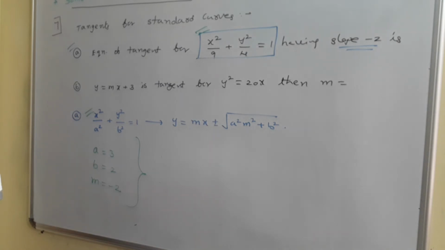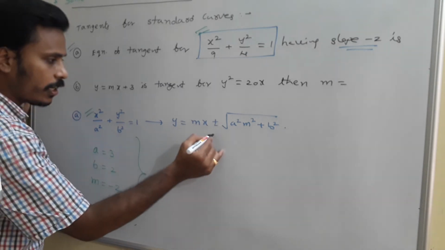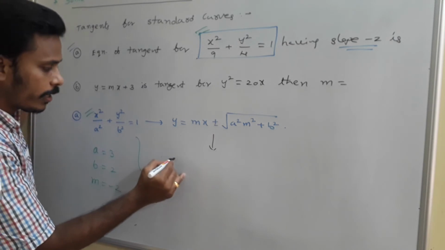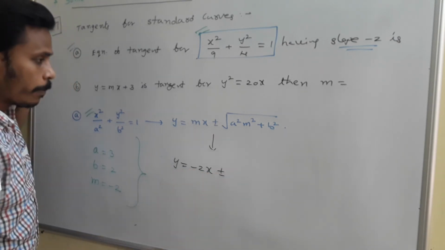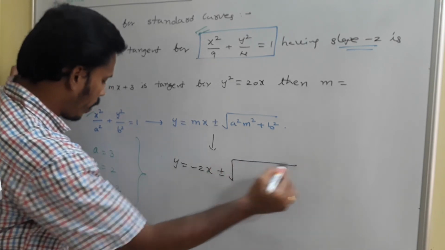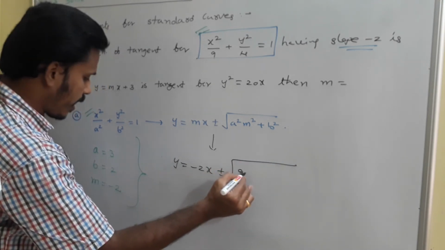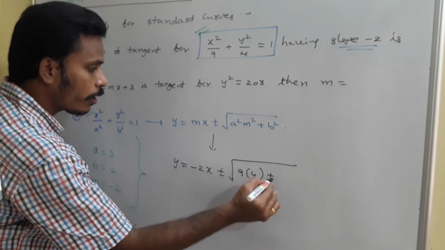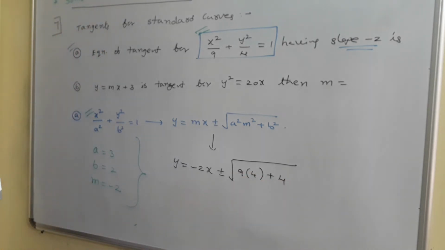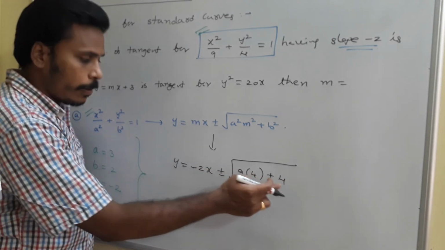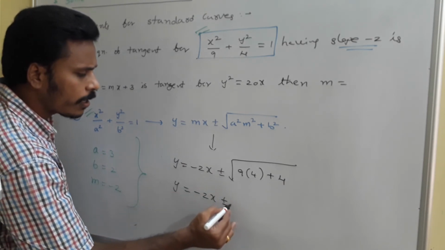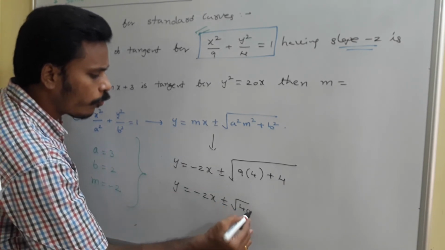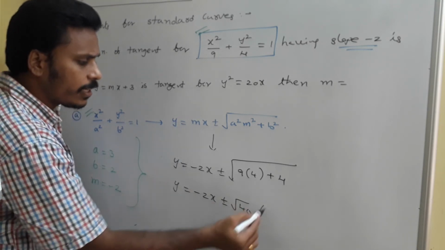You just replace all those values in this general tangent equation. So at the end what you will get? y is equals to minus 2x plus or minus square root of a square is 9 and m square is 4 plus b square is again 4. Okay, 9 fours is 36 plus 4 is 40. So y is equals to minus 2x plus or minus root 40.